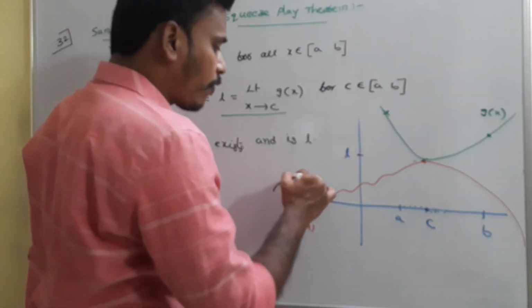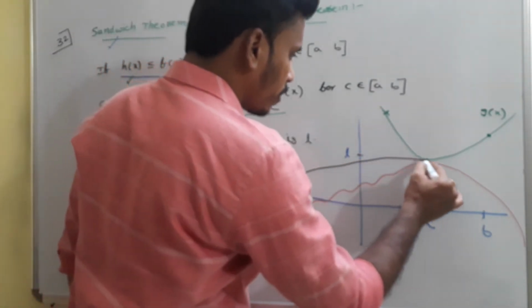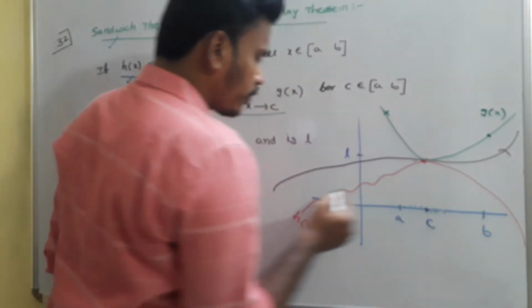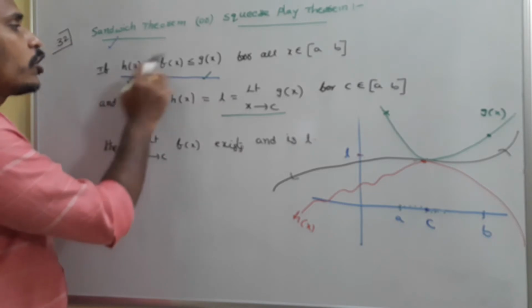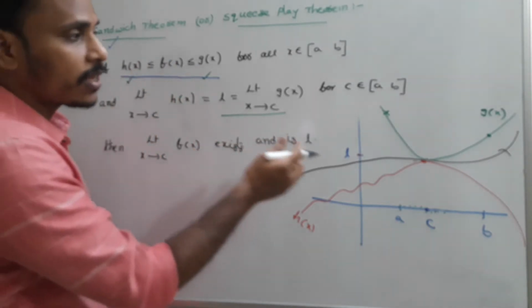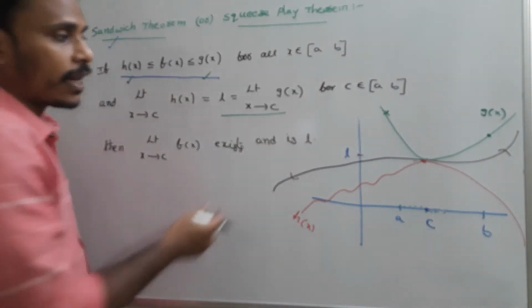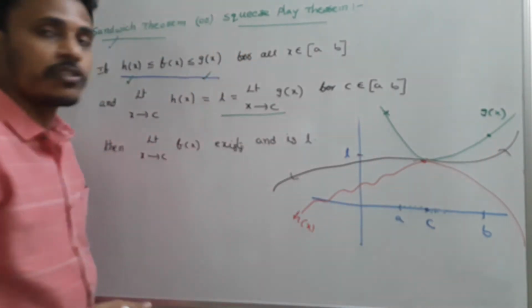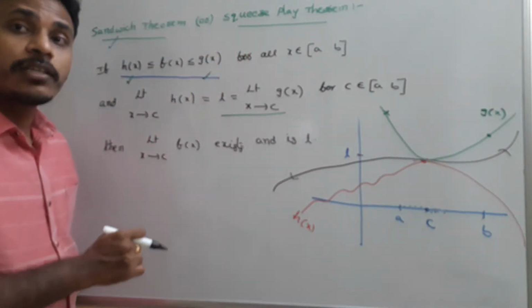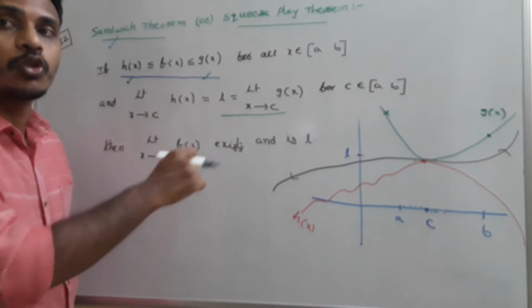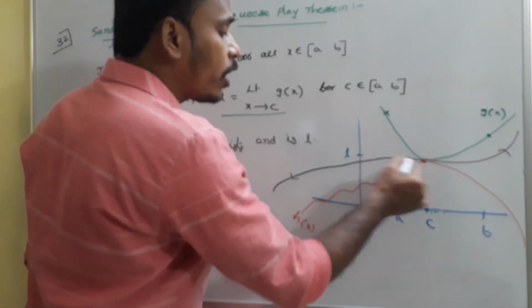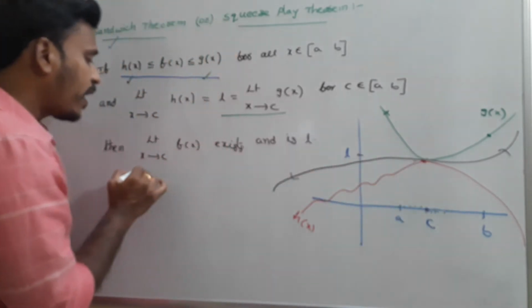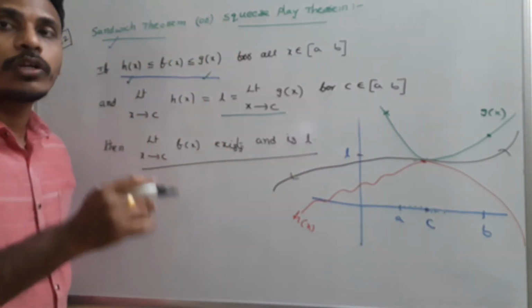So maybe the graph of f(x) may be like this. We don't know exactly, right? Maybe like this, the graph of f(x), because it is in between these two functions. And that's why the sketch of f(x), the black colour line, will pass between these two graphs in such a way. So since it is passing in between these two graphs, when you try to calculate the limit value of f(x) at c, again it will become L, and for sure it exists.